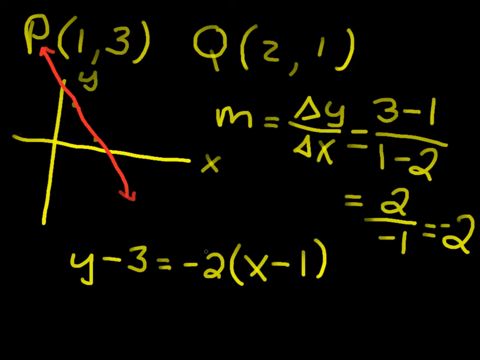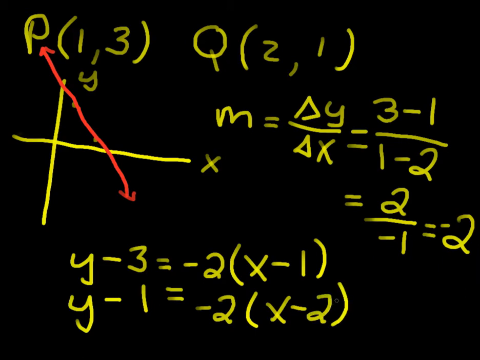This isn't the unique equation for the line, because I could have used the point 2, 1. So an alternative form of this equation is y minus 1 is equal to minus 2 times x minus 2. Both are perfectly good, valid equations of this line.